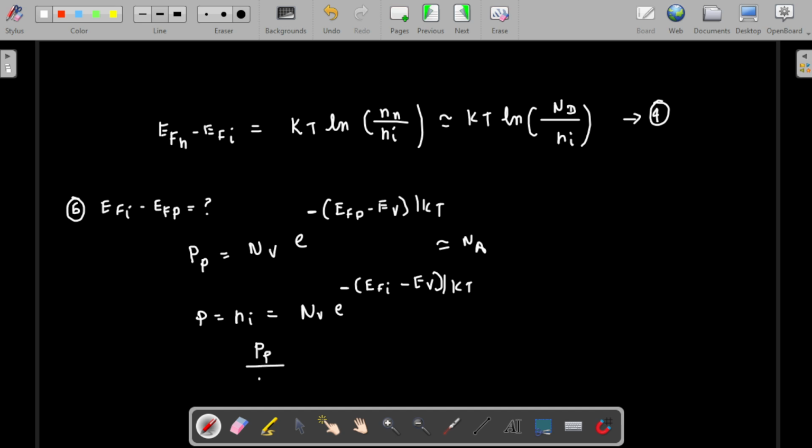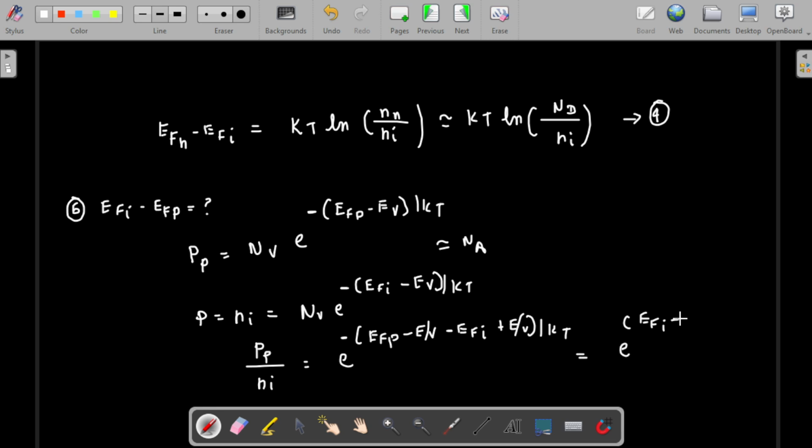Okay, so let's divide both the terms. So pp divided by ni. As we did lastly, right? Same thing, so we are dividing and grouping together. I'm doing it in the same step. So EFP minus Ev will be the same. This will become top and we are removing the negative sign there, which is equal to (EFI plus Ev) divided by kT. Okay, so this term will get cancelled and this will be equal to e power, so let's bring the negative sign inside.